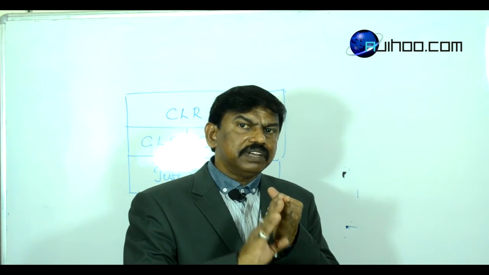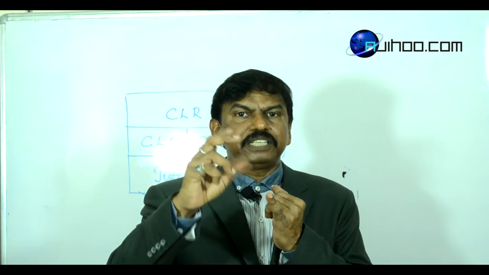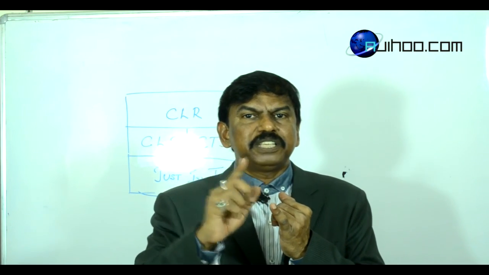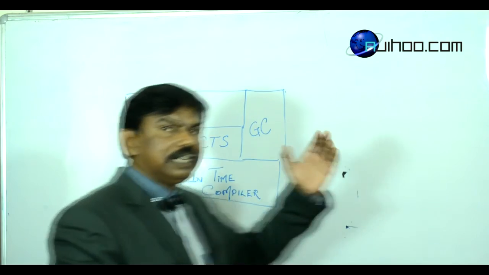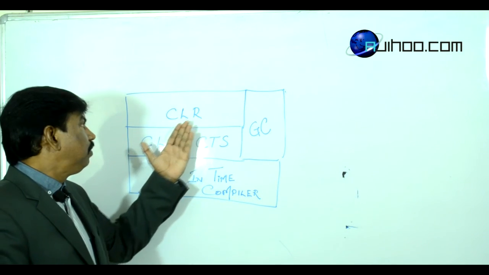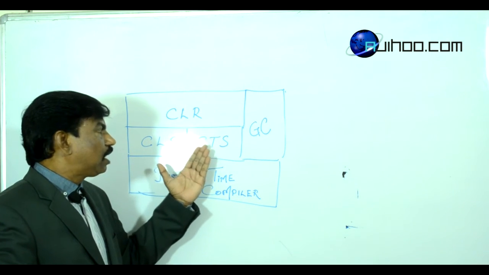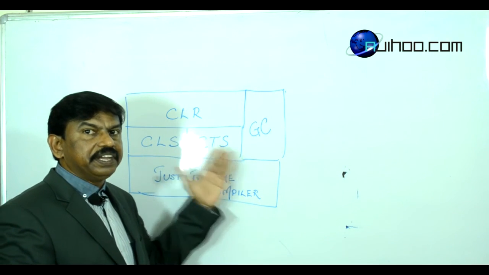This common language runtime will have different specific parts with specific duties. Let us see this word. This common language runtime will have common language specification and common type specification.